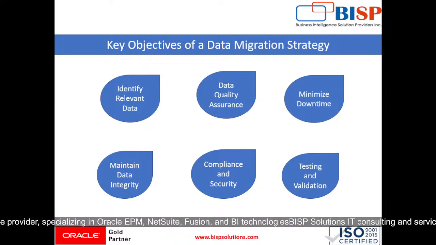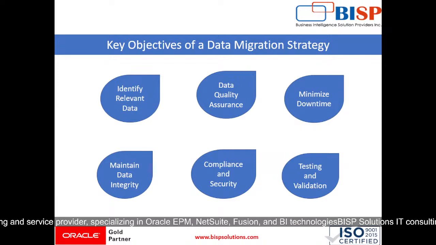Then comes minimizing downtime, which means planning the migration to reduce business disruptions. Then maintaining data integrity, which means ensuring data relationships, for example customer invoices linked to payments, remain intact after migration.